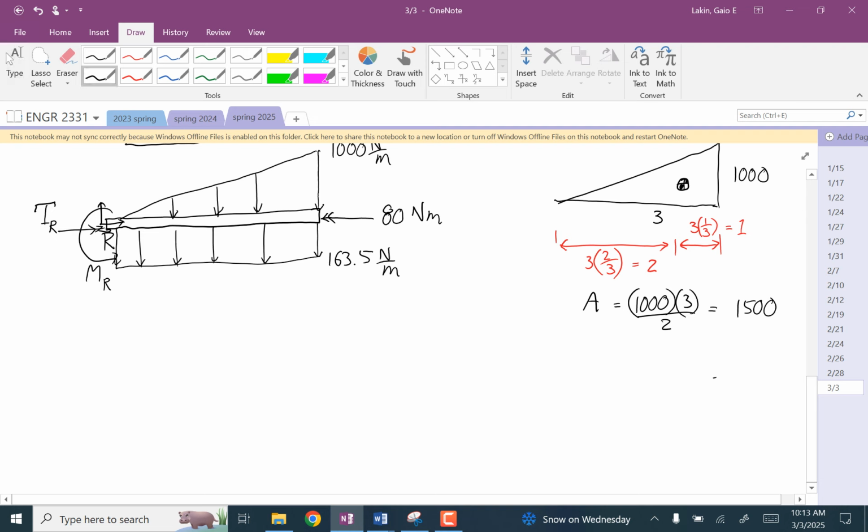And then for the rectangular distributed load, the centroid we know is right in the middle. And so this is just the midpoint, so 1.5 meters. Guess I did that in red before.